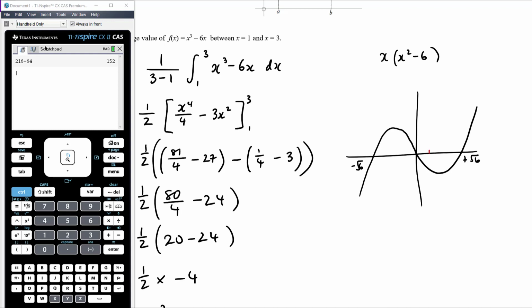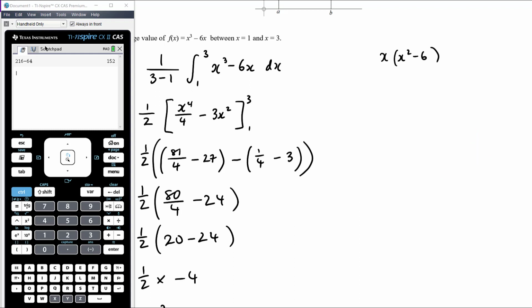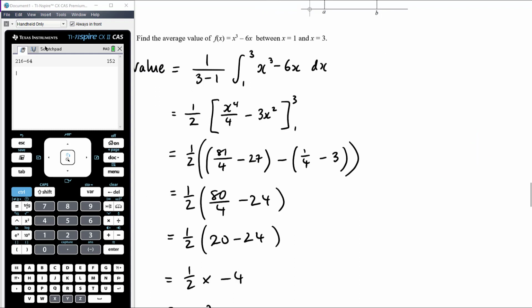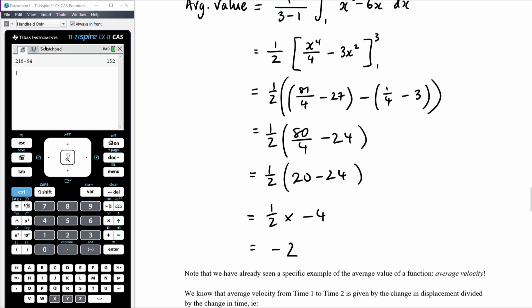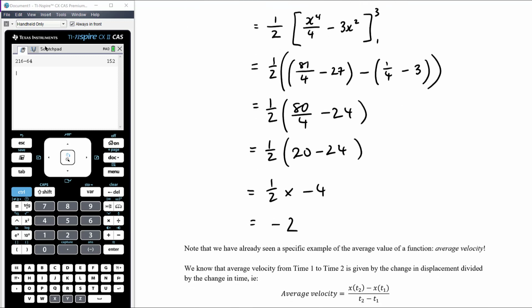Now root 6 is smaller than 3, so 3 is somewhere past here. So what we're finding is over this span, the average y value is a negative value. So you can have a negative average value of the function, that's no problem, because you can have negative y values. The whole function might sit below the x-axis. Every y value might be negative. So the average value here is negative 2.